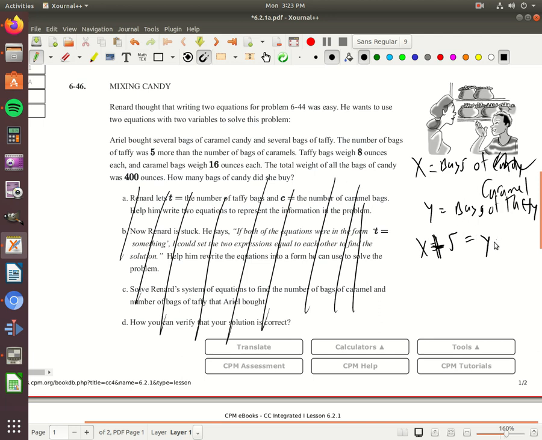There's more bags of taffy. So X plus 5 is Y. Next, taffy weighs 8 ounces and caramel weighs 16 ounces. And altogether, it weighed 400 ounces.